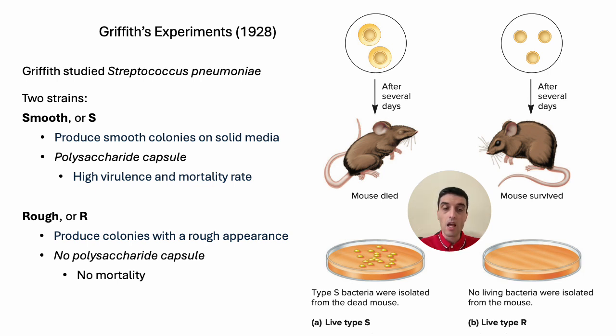Okay, and that's that strain over there. And this strain here was called the rough strain. In this strain they didn't have any polysaccharide capsule, and the colonies in the agar plate would have a rough shape. After injecting mice, they would not die at all.